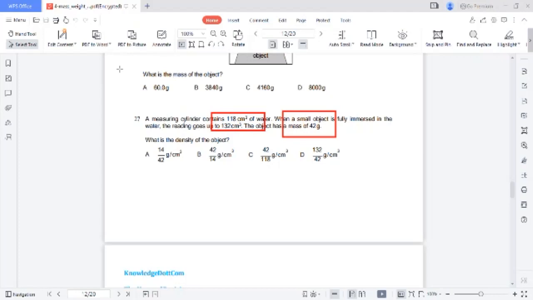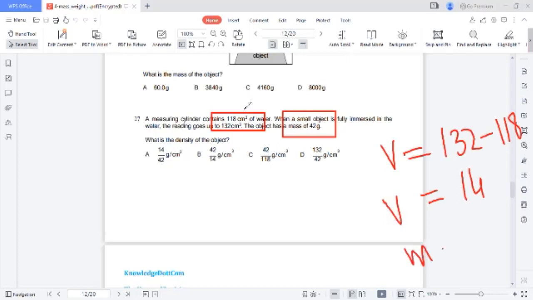Now this is the new volume. 132 is the new volume and 118 is the previous volume. So now let's calculate the difference in volume. 132 minus 118 gives 14, which is the change in volume, and mass is 42 grams.